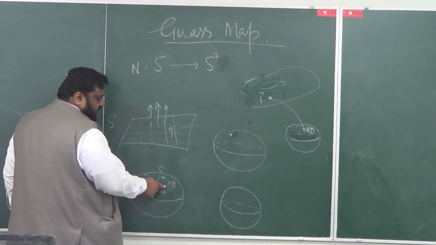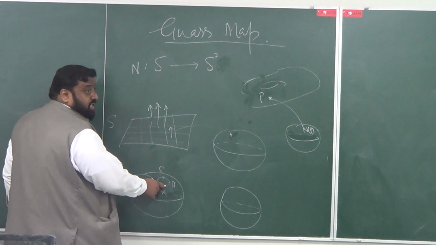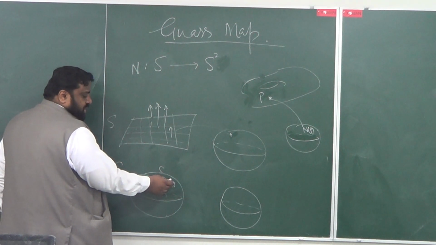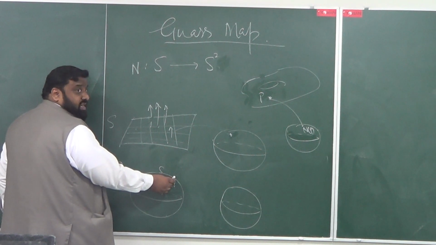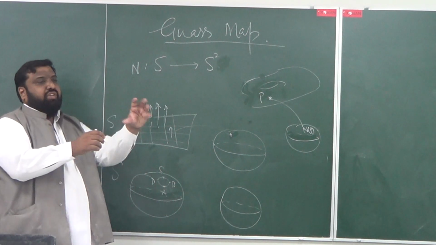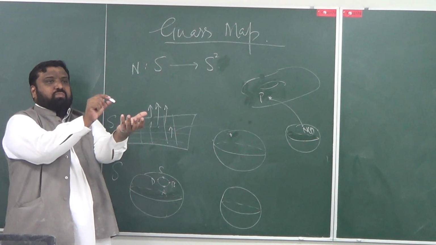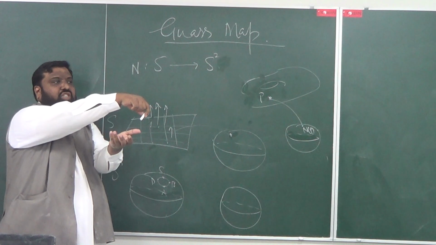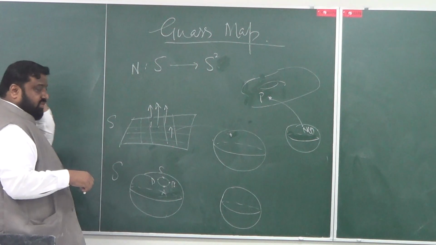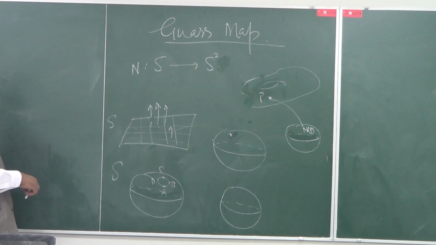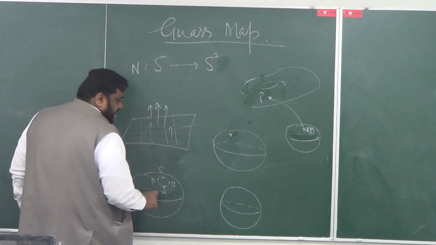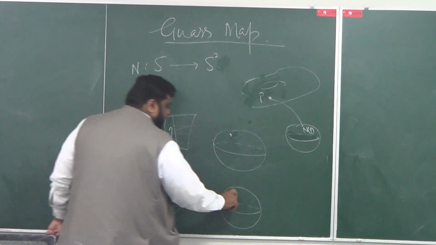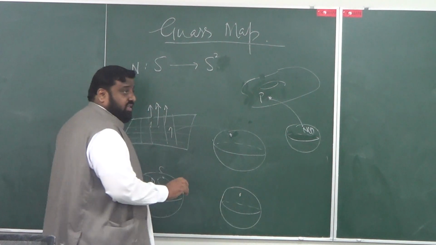How is the normal vector on this point going to look? Maybe something like that. On this point, maybe something like that. Think about it. If you have a sphere and you put a normal vector, and you change the point, then the direction will change. Are you getting the point? Okay. So if I am here, I'm going to be mapped onto a point, maybe somewhere there.